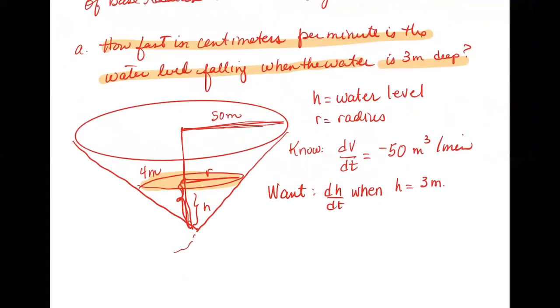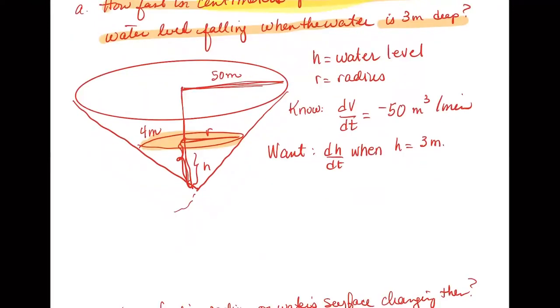Because we want to find the rate at which the water level is falling when the water is 3 meters deep. Now, I will come back here in just a minute and talk about changing it to centimeters per minute, because our information right now is in terms of meters. All right, so this is what we know and what we want.